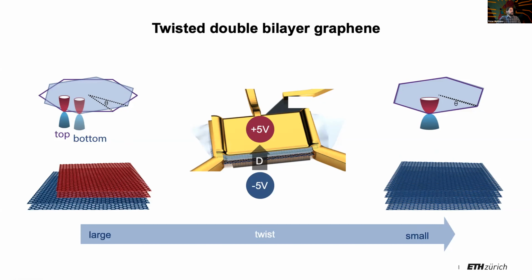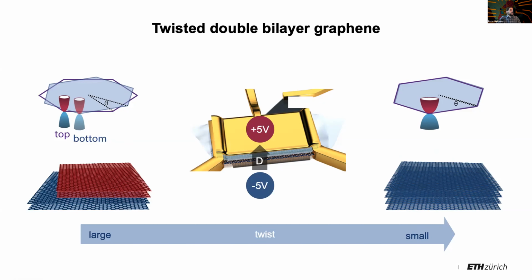What is now interesting, and what you can do with these systems, is to tune the parameters very, very well, because everything occurs at low densities. So by just changing the density, I can now change these nesting conditions. So let's look again at the band structure here and the Fermi surfaces at zero density.